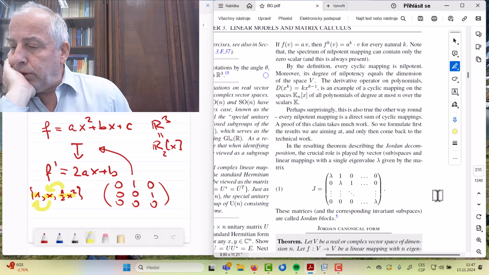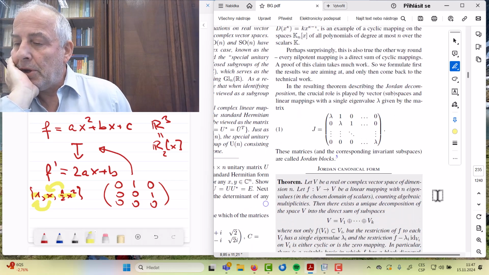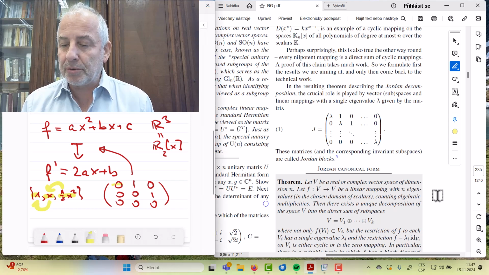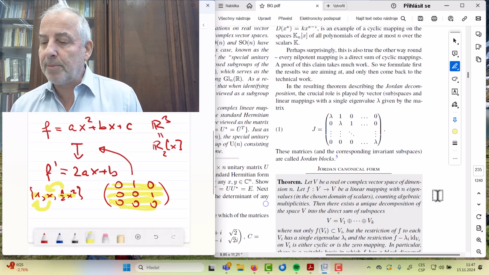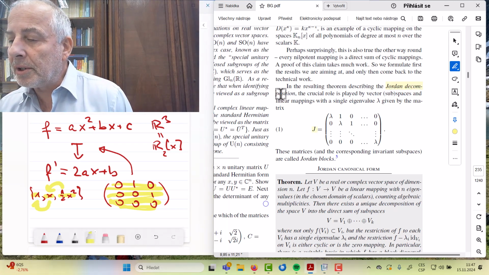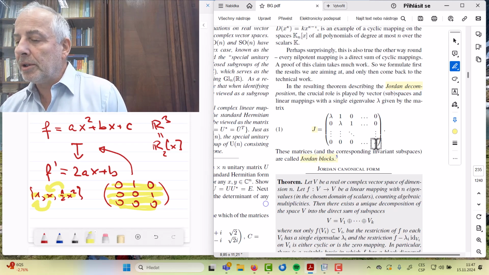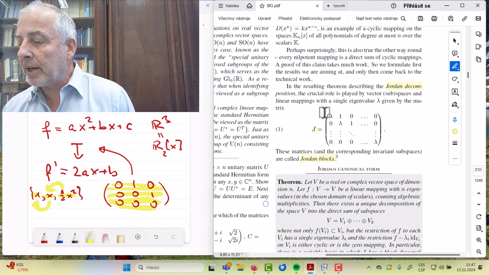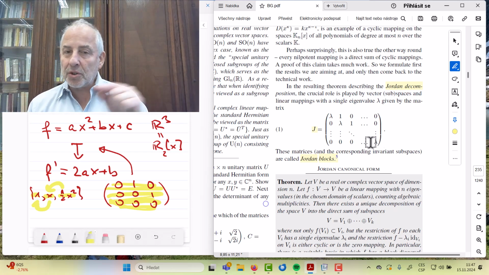So now you also see that the cyclic mapping, which we had here, was a special case of what we call the Jordan block. A Jordan block is a matrix where you have the same lambda on the diagonal and ones over the diagonal.